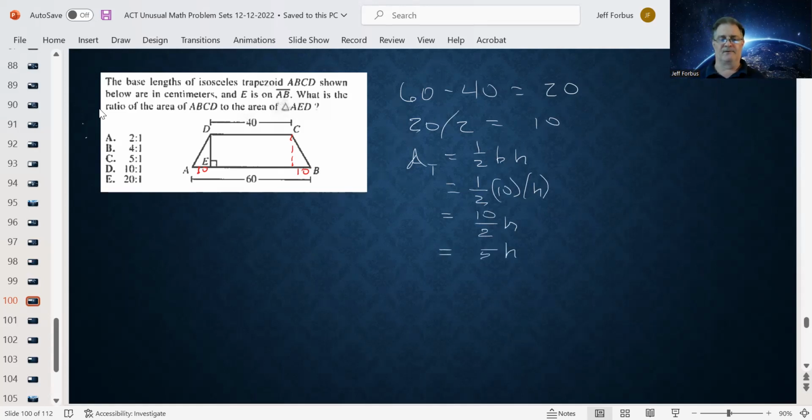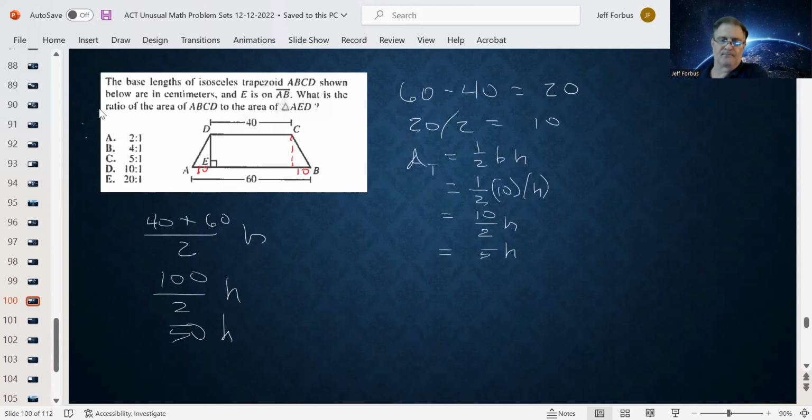That's the area of the triangle. Now the trapezoid, I'm going to just write it under the picture, is going to be the side with the 40, DC, plus AB, which is 60, divided by 2, times the height. 40 plus 60 is 100. Divide that by 2 is 50 times h, 50h.